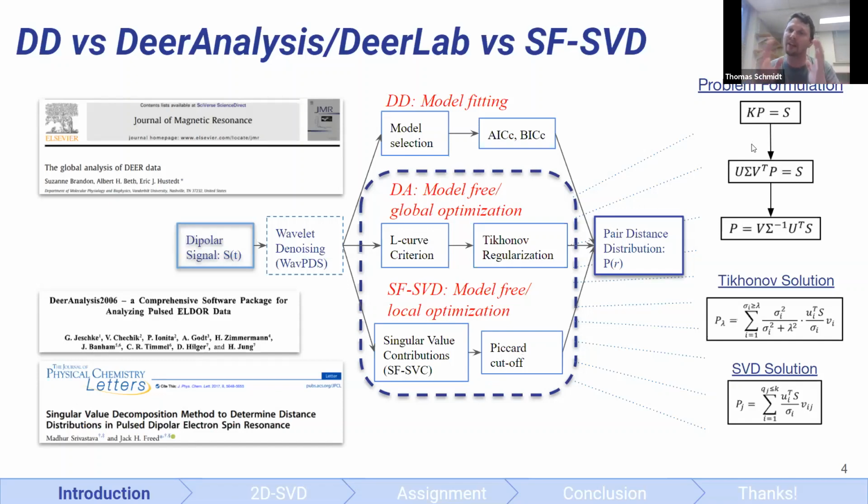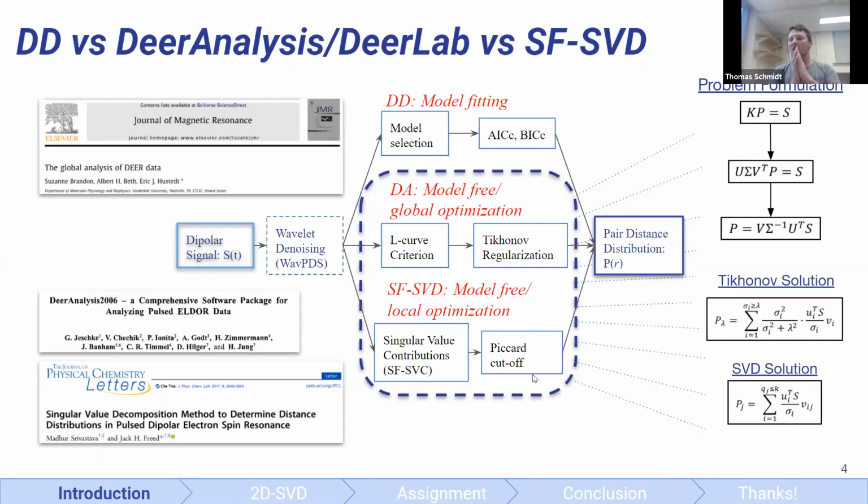To reiterate the problem: we have a signal, and we want to get the population of the distances. We rearrange it, and now we are looking for the population of the distance. In the Tikhonov regularization, we depend on a regularization factor lambda, whereas in the SVD form, we handpick our sigmas based on our Picard cutoff.